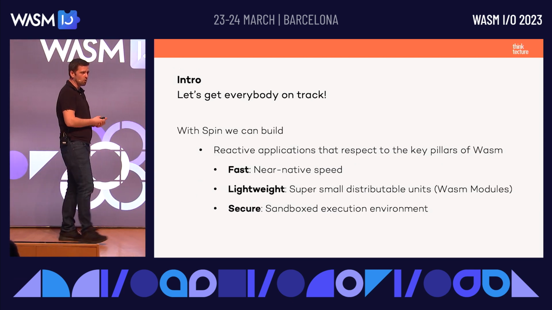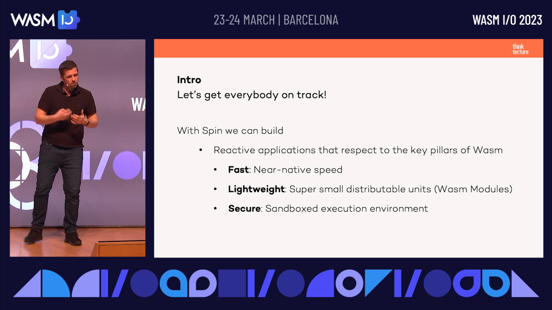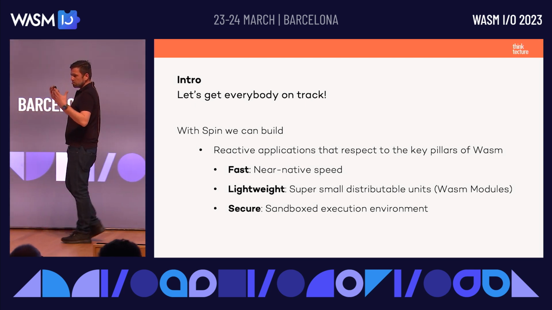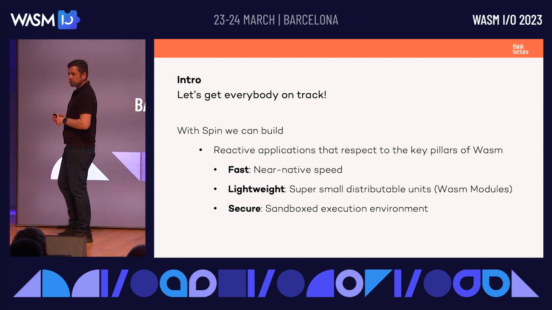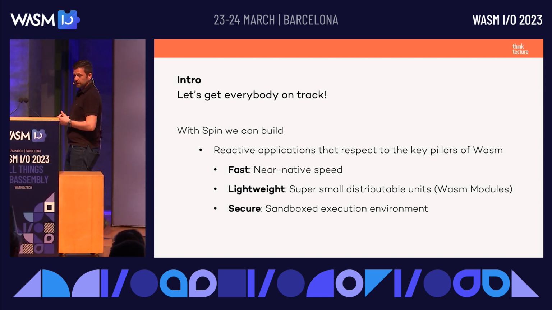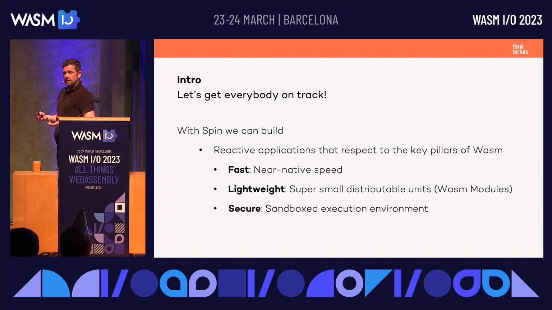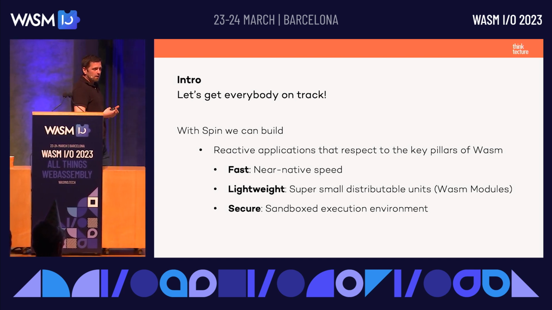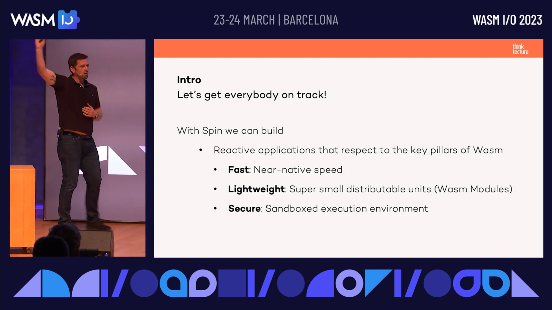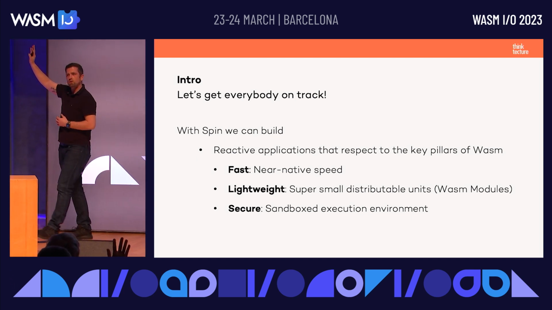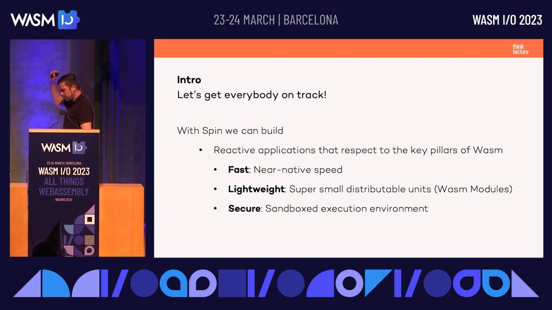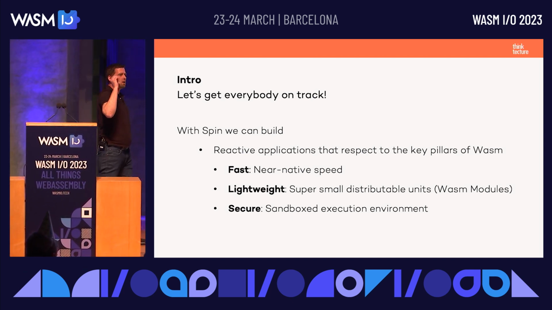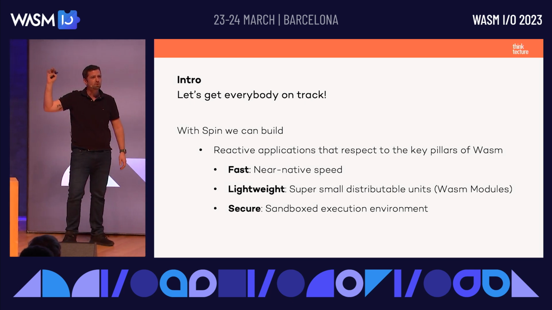And Spin does so by paying respect to all the key values or attributes that we associate with WebAssembly. So obviously, our serverless applications are fast, right? I mean, who has done some serverless? Maybe showing some hands? OK, a bunch of you. Who was not involved in discussions about cold start times?